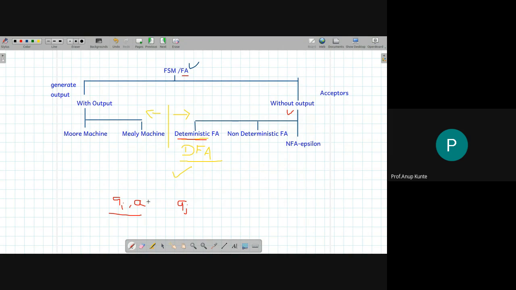That is what determinism means. So determinism means that there is only one way of moving from current state, current input to the next state.